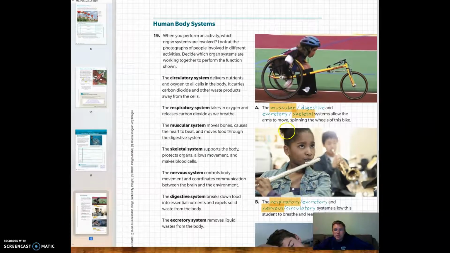This next part just shows the interconnectedness of our systems. Really, they're all working together, but this just shows how some of them are working together. So for part A, if we just read the sentence, the muscular and skeletal systems allow the arms to move, spinning the wheels of this bike.